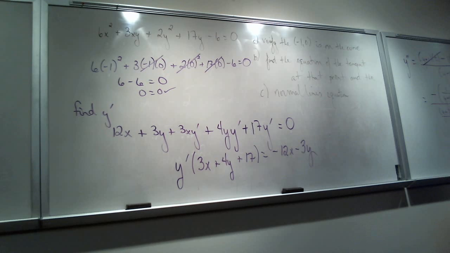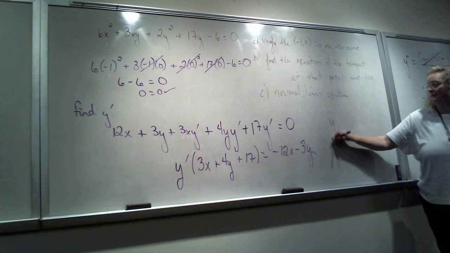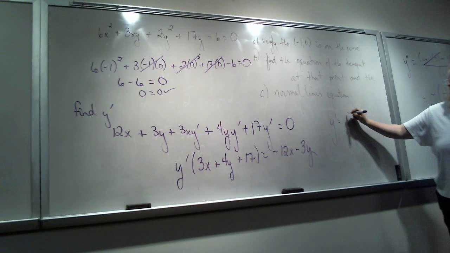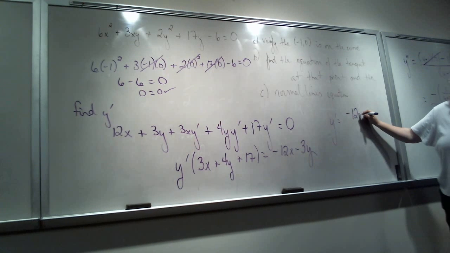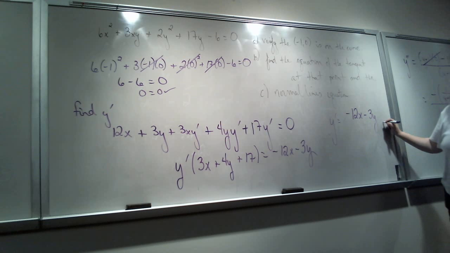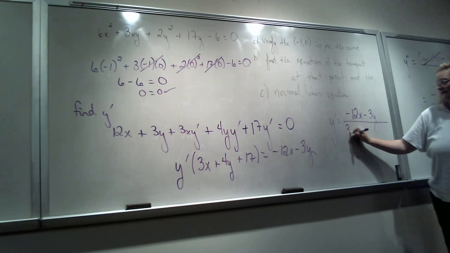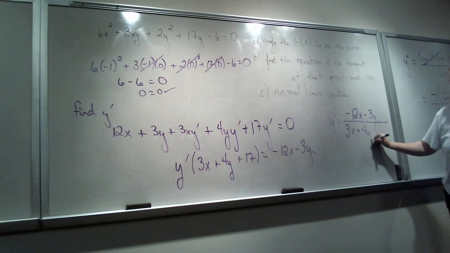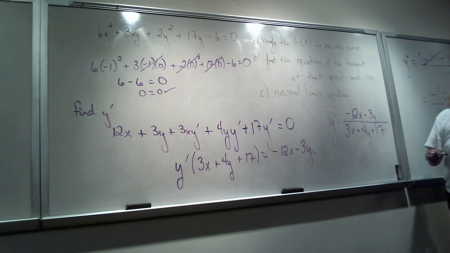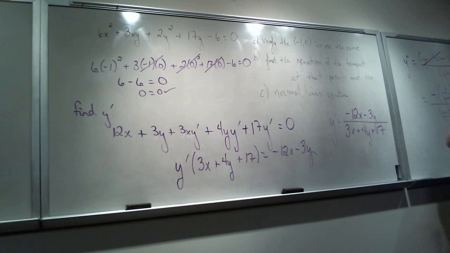I factored out the y prime out of the three guys that all had it, and at the same time moved everything that didn't have a y prime to the other side. Now you almost have y prime. What's y prime in the end? -12x minus 3y over 3x plus 4y plus 17. That's just y prime.